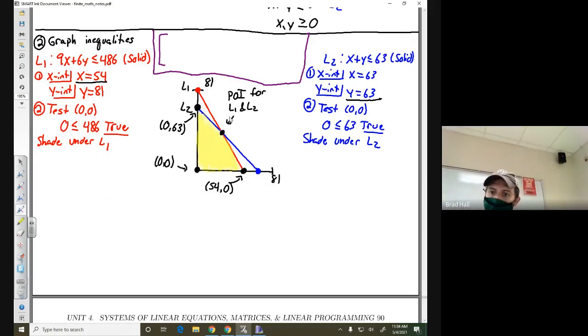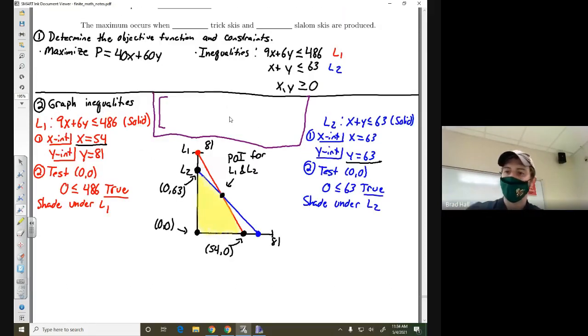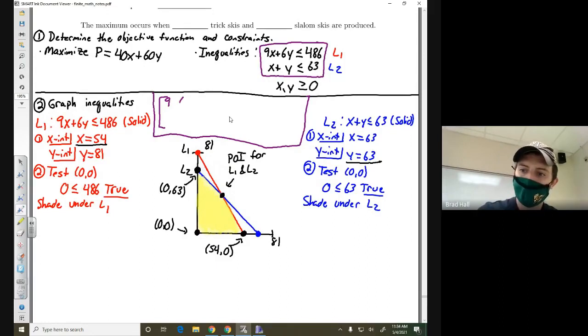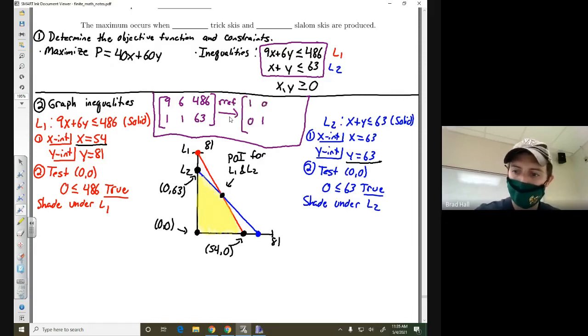I'm going to scroll up just to remind myself which ones L1 and L2 are. 9, 6, 486, 1, 1, 63. Do the RREF command. And we're going to get something out of this. Let's find out.